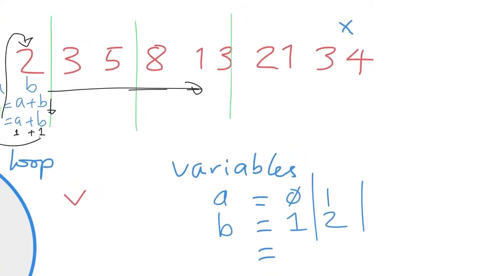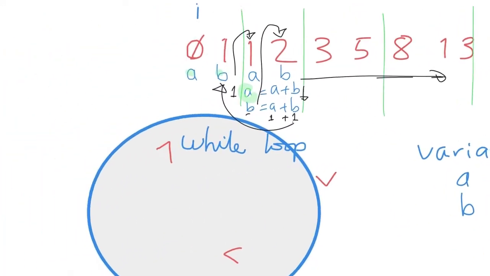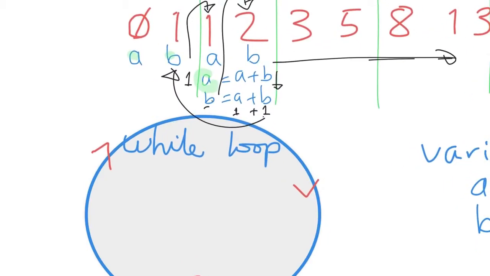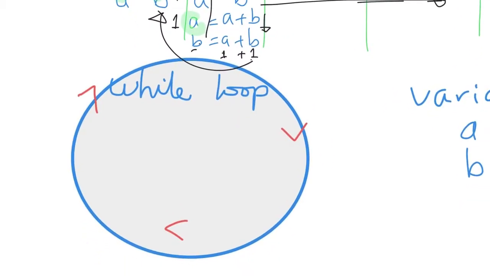So how does that loop work? Well, let's have a little look here. So if this is our while loop within this circle, then every time we go for another round of counting, first of all, we're going to print, which is Python's way of saying write down what we had. Let's just print our A and B, and then we're going to update the value of A and B.